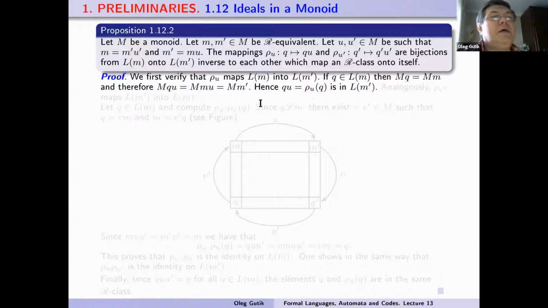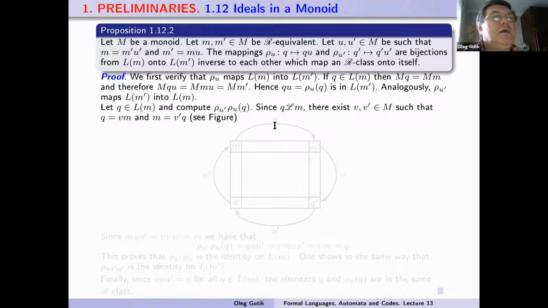Hence we get that qu, the image of element q under the shift ρ_u, belongs to L(m'). Similarly, ρ_u' maps the class L(m') into class L(m). Let q belong to the class L(m) and compute ρ_u'ρ_u of q.